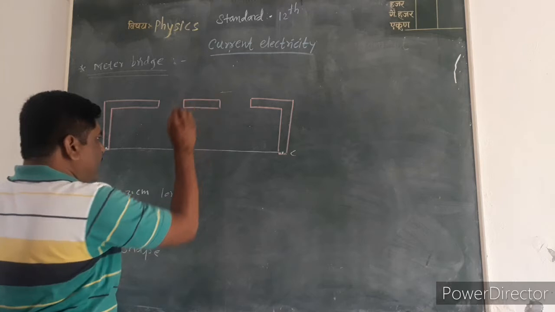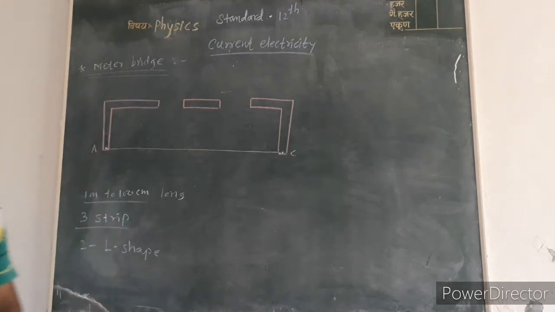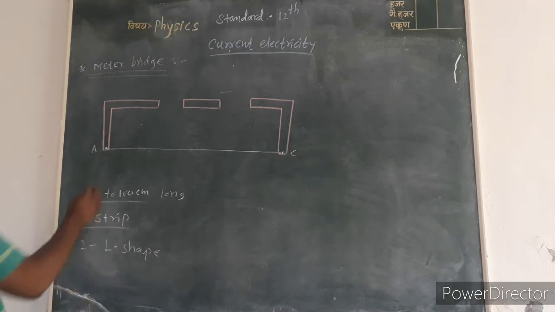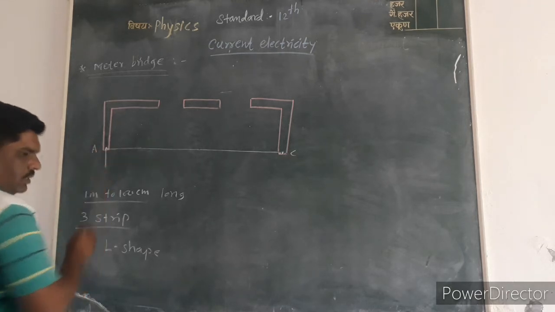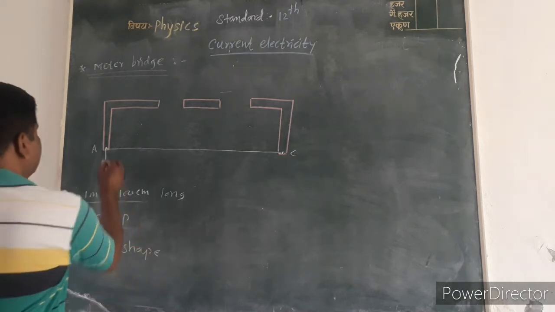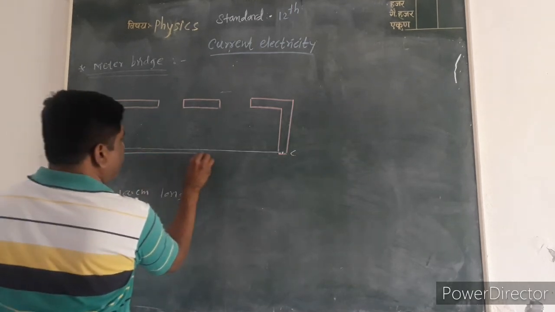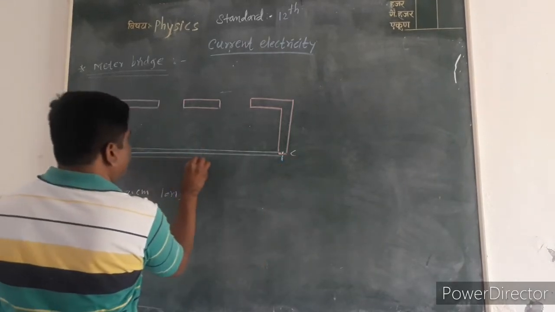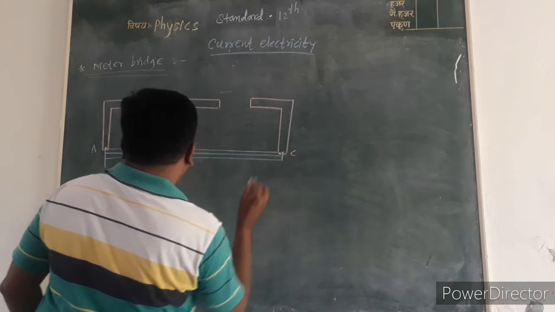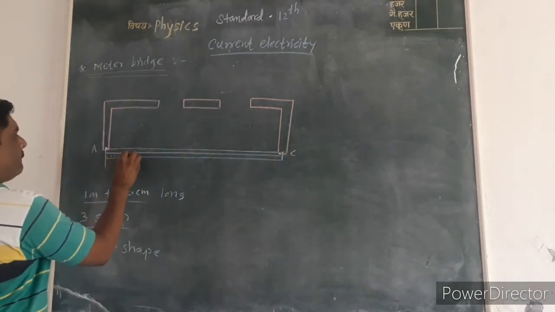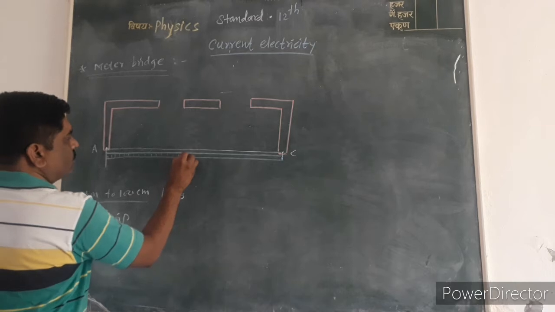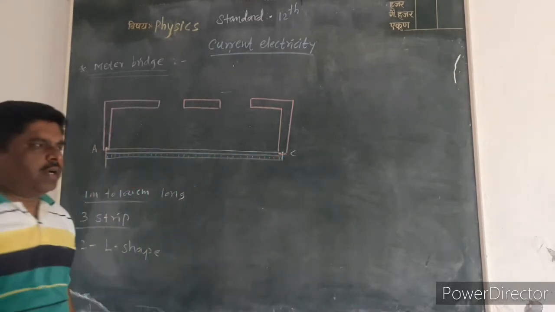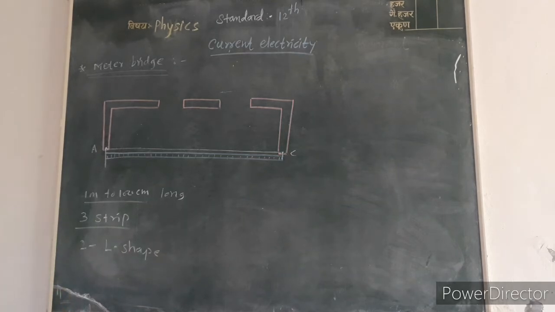These 3 strips and this metal wire are placed over a wooden board. Also, there is a meter scale below this wire, about 1 meter or 100 centimeter long.